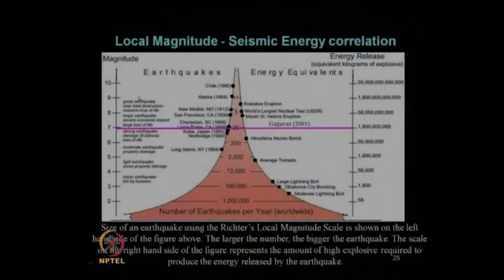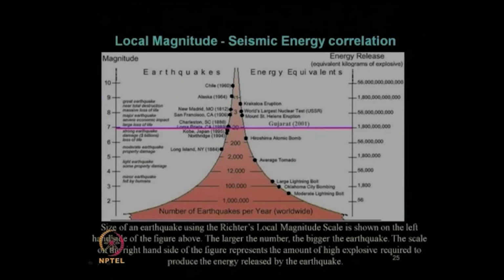So, this picture shows the local magnitude and seismic energy correlation. The size of an earthquake using the Richter or local magnitude scale is shown on the left hand side, and the larger the number, the bigger the earthquake, quite obvious.